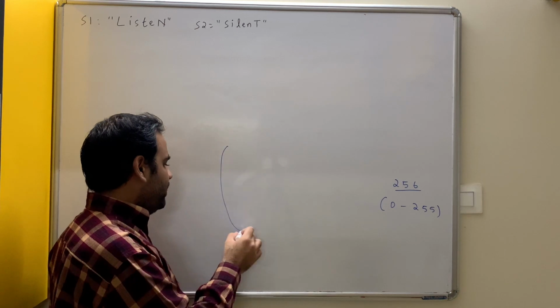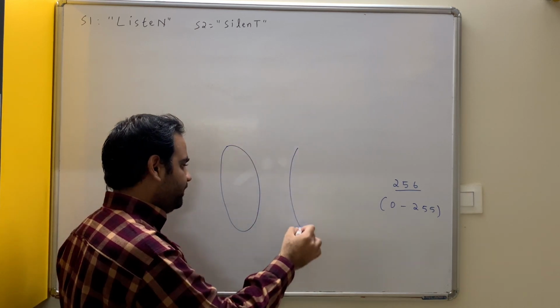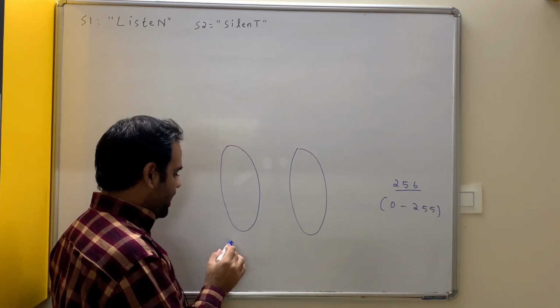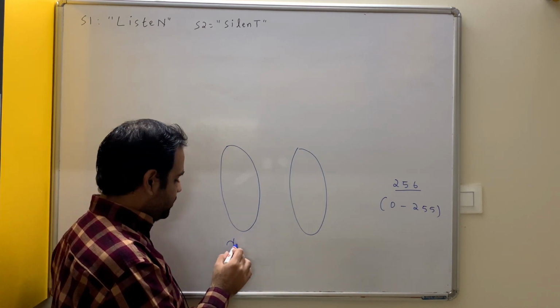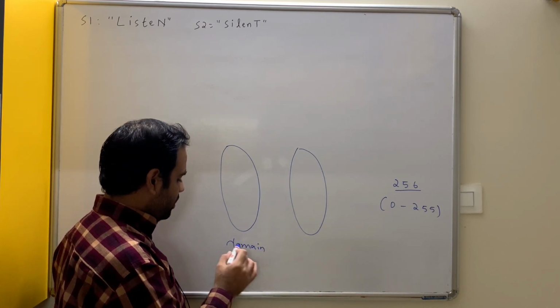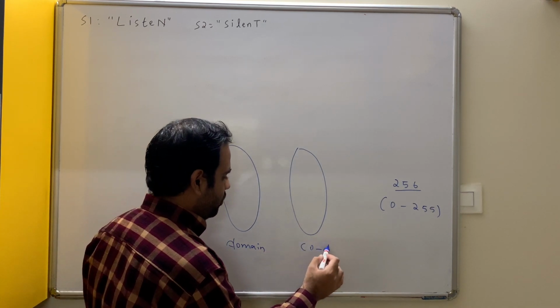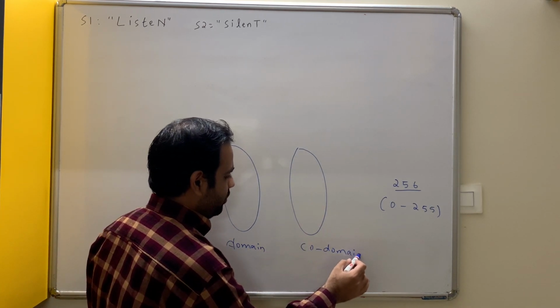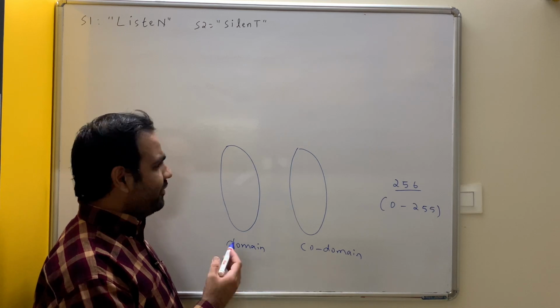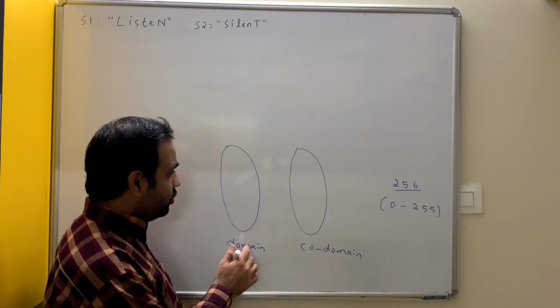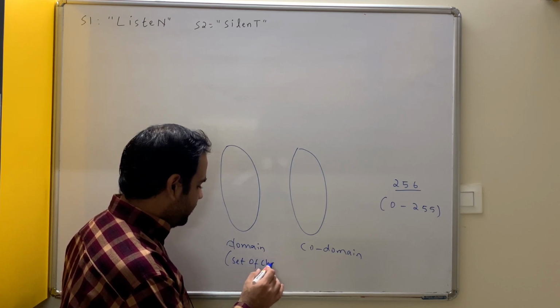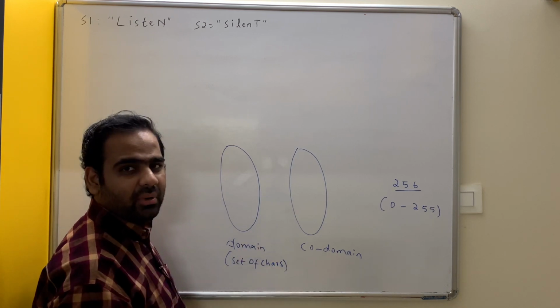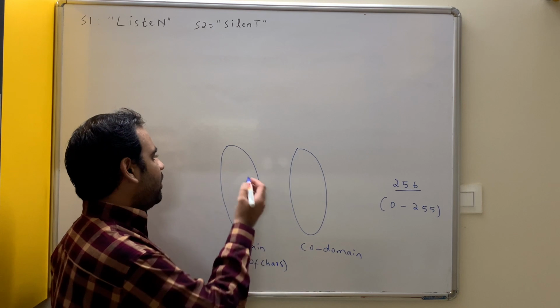Now we take two different sets, which we call the domain and the codomain. The domain is nothing but the set of characters.